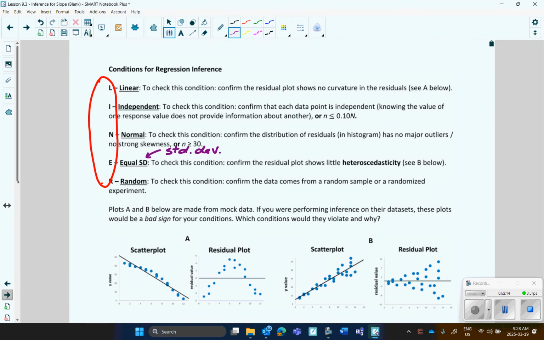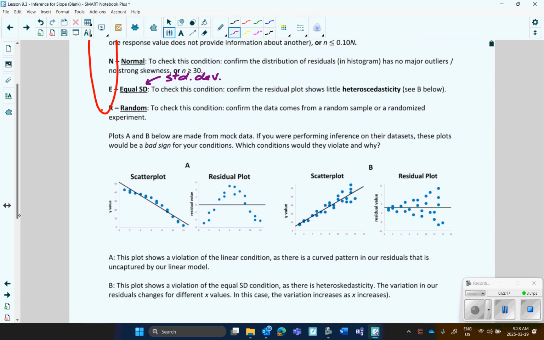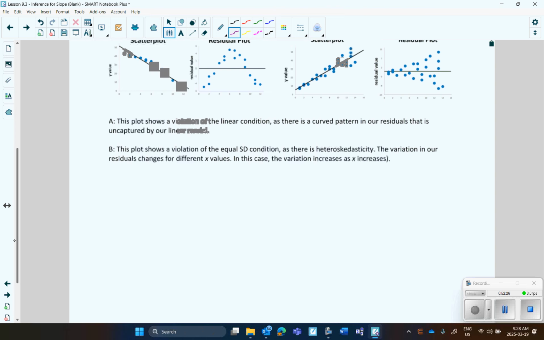And the final condition, we've seen before: random. Was the sample randomly selected? Okay, so going back to our two.